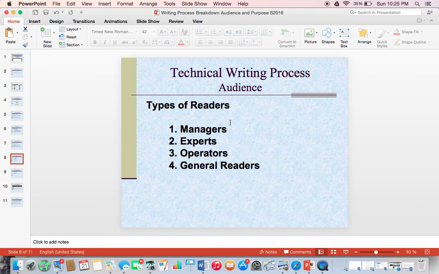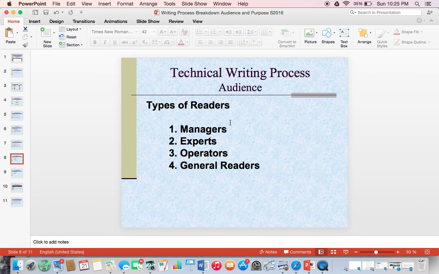So we have four basic types of audiences or readers, and each one of these people has different needs. For example, managers like a lot of background information. In other words, they don't have the specialized knowledge.